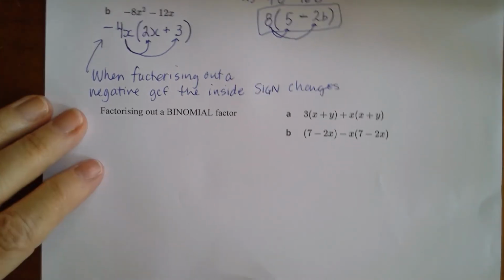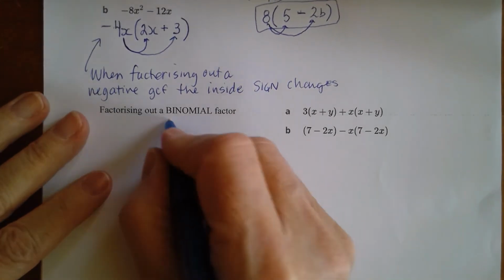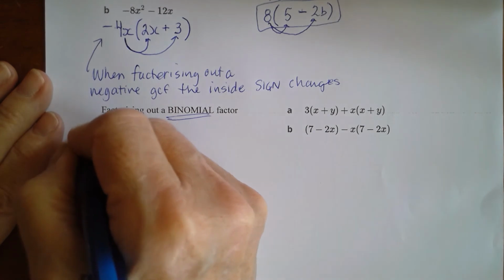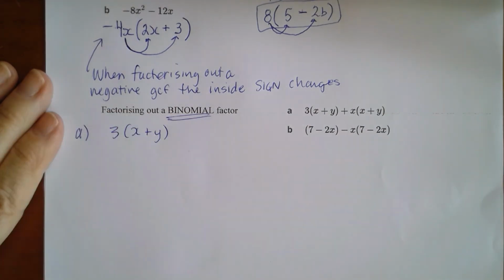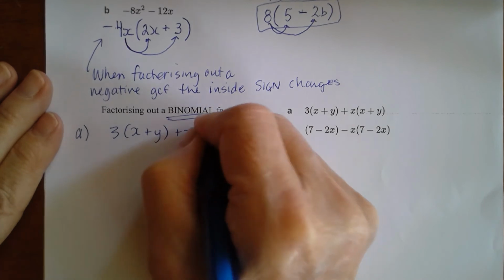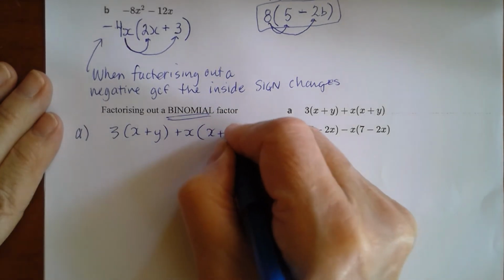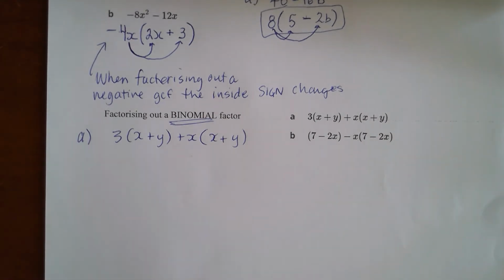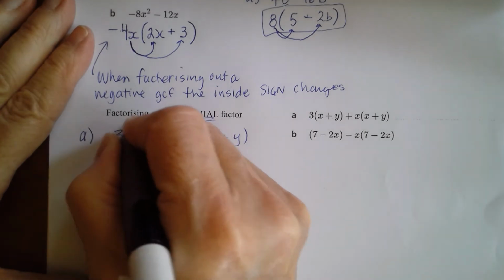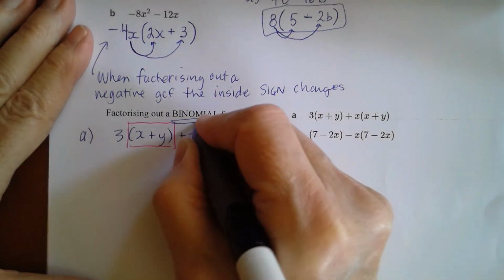It says factorizing out a binomial factor. Okay, so let me put A here. It says 3 bracket x plus y plus x bracket x plus y. Okay, now this is hard sometimes, so I really want you to concentrate for a minute. And what I want to show you is that these two things are the same.